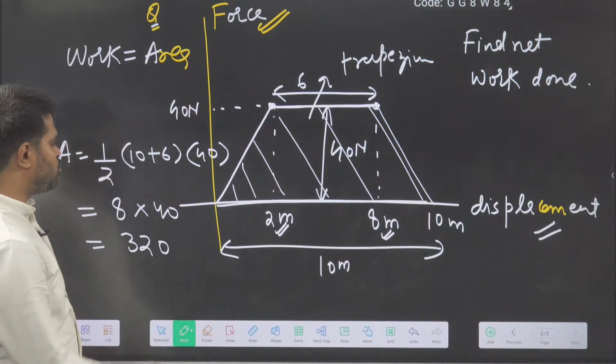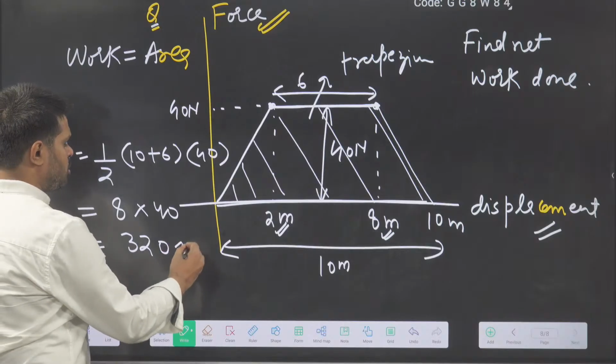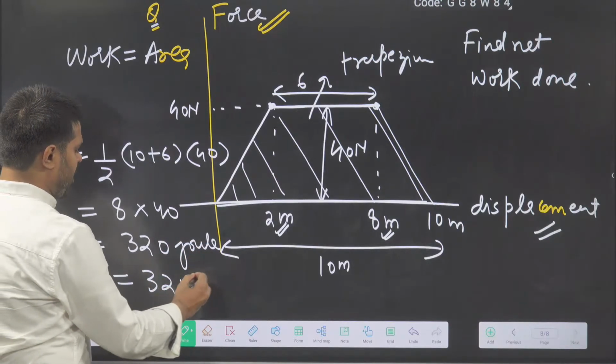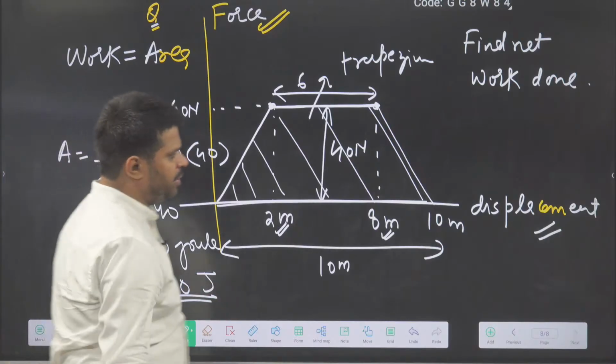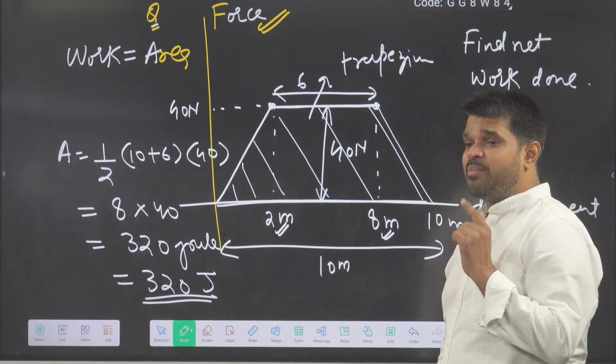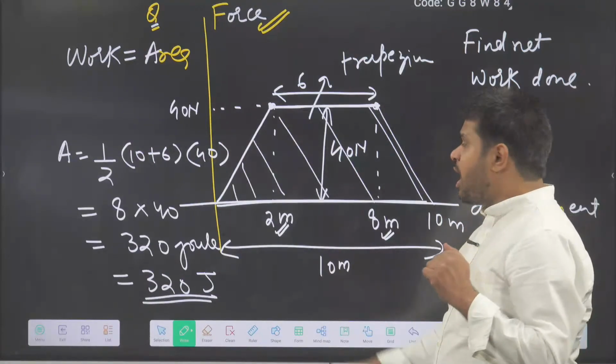The unit of work is joule, so you can write joule, or the symbol is capital J. I am very sure few people might be confused about this 6.